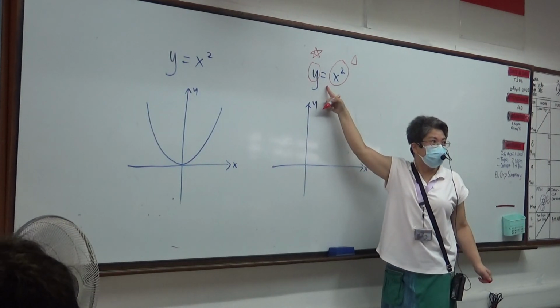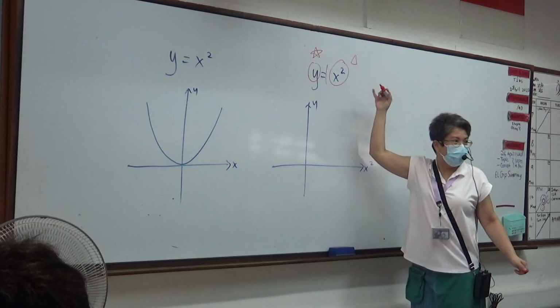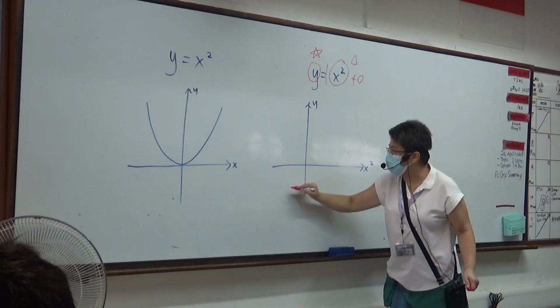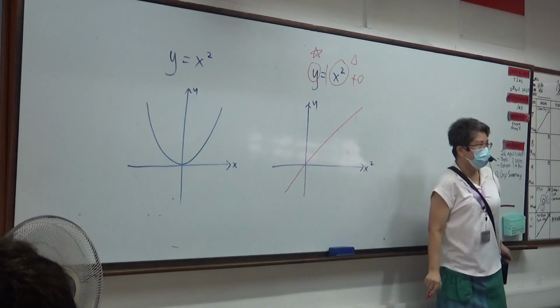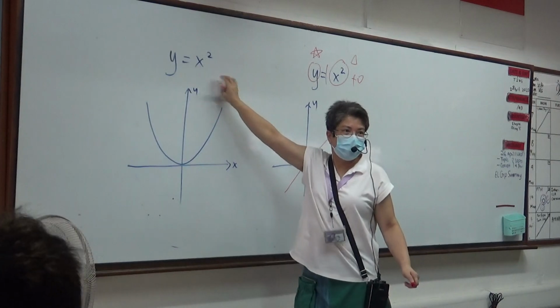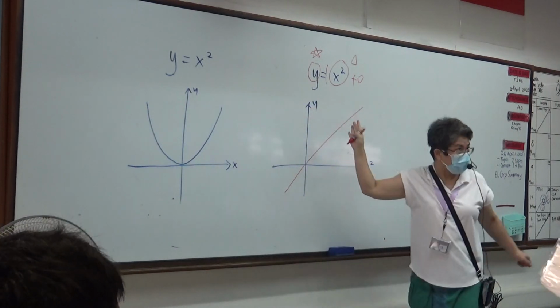What's my gradient? 1, right? What's my y-intercept? 0. That means my graph will go like that, correct? I have only transformed this curve to a straight line.